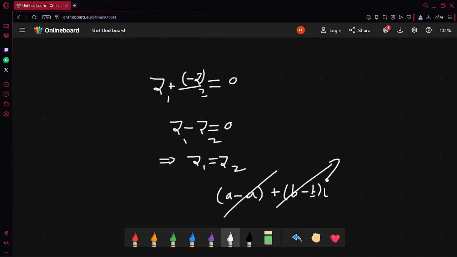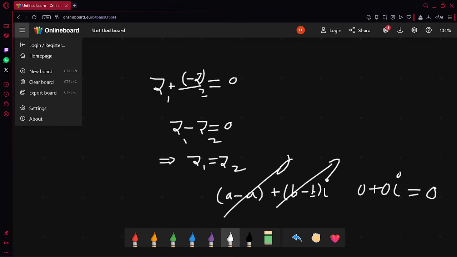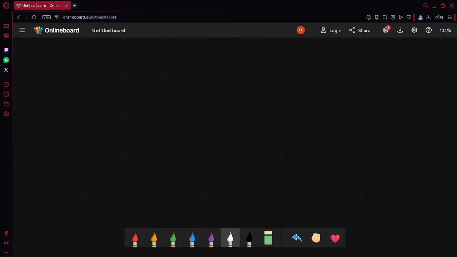As you can see, this is 0 and this is 0. 0 plus 0i is equal to 0. So, the additive inverse of a complex number is negative z.